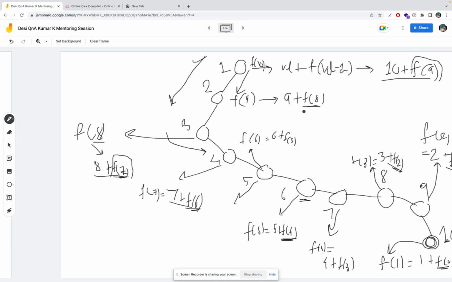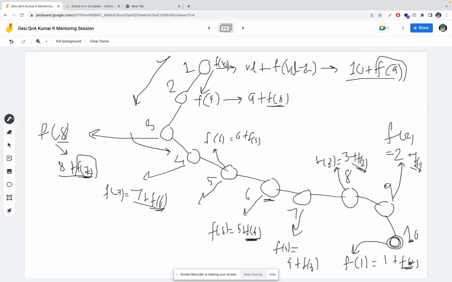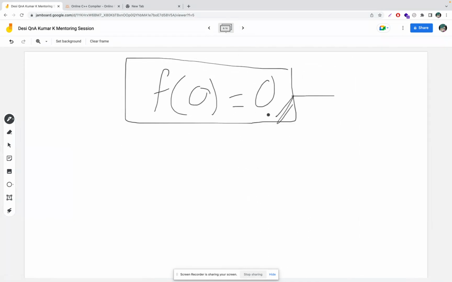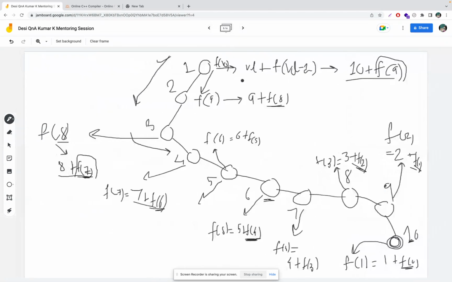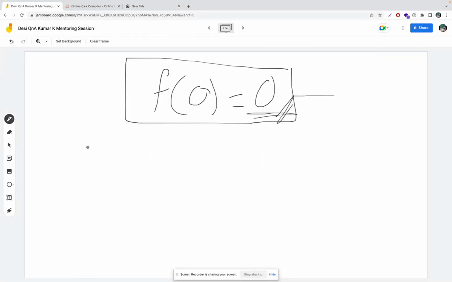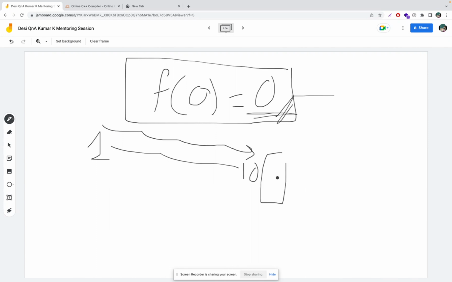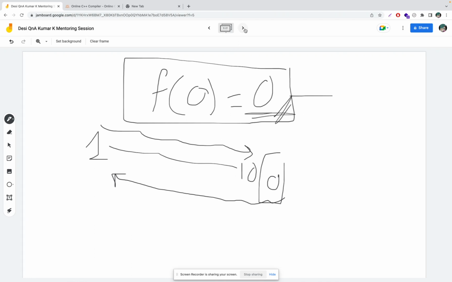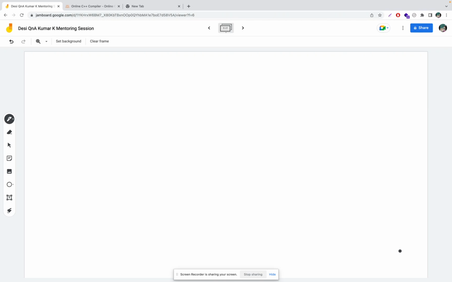F of 0 is 0. So what happened is that we had a branch from 1 to 10. We went from 1 and reached 10. At 10 we get a constant value of 0. So now we will go from 10 till 1. Let me draw it up here again. Right now I am at the 10th branch. What is the answer? I have already written it here.